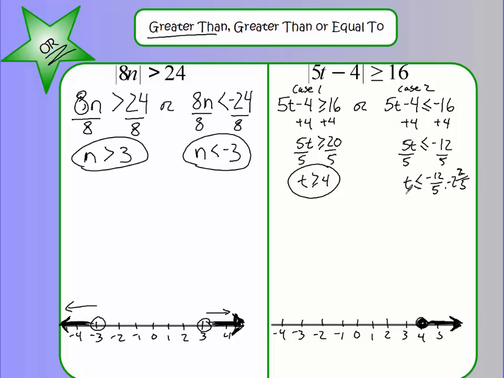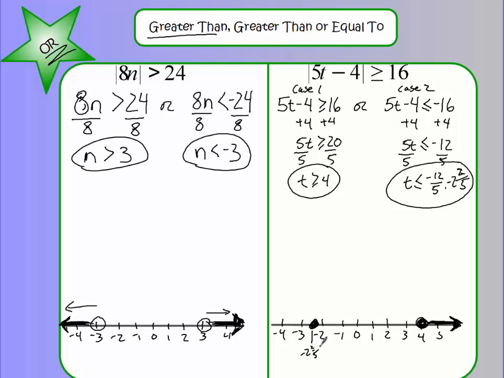And then let's look at this one. t is less than or equal to negative 2 and 2 fifths. So negative 2 is here, and 2 fifths is going to be somewhere between negative 2 and negative 3. Be careful you don't go between negative 2 and negative 1 here. This is more than negative 2. So more than negative 2 is over here. And it's going to be a closed dot somewhere around there. If you want to, you would label it negative 2 and 2 fifths.